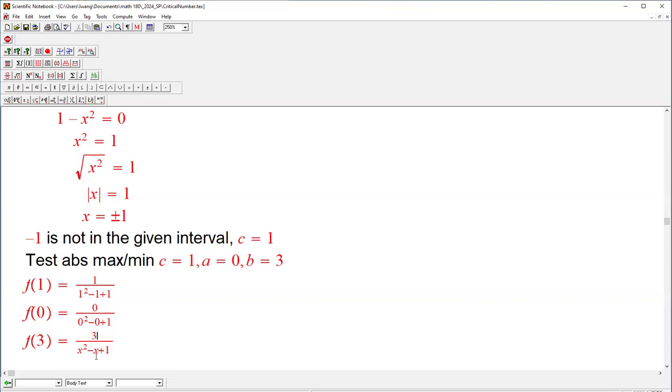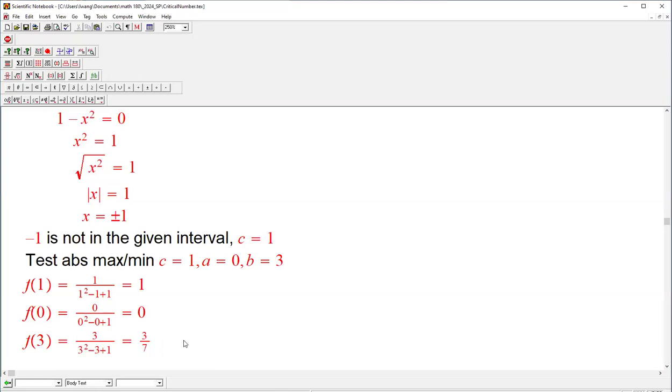So 3 squared, 3 minus 3. And this one, of course, equals 1. And this is 0. And this piece equals, let's just have a little patience with our calculation. So this is 9 minus 3. That's 6. 6 plus 1 is 7.